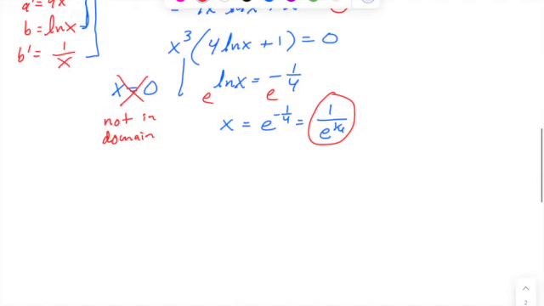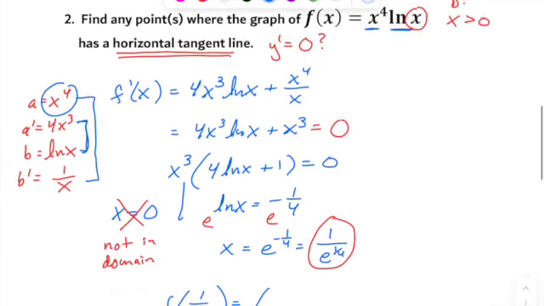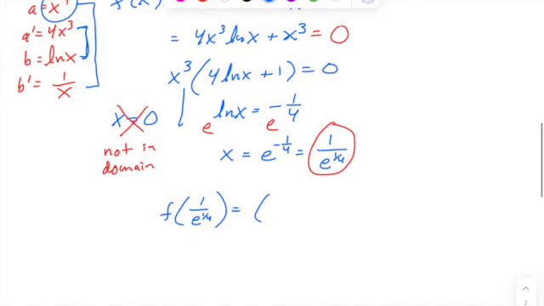Logs have domain issues. And so now we're going to plug this 1 over e to the 1/4 back into the original. That means the function is x to the fourth ln of x. So you get 1 over e to the 1/4, or if you want to think of that as 1 over the fourth root of e, that's going to make this part look nicer for you, times ln of 1 over e to the 1/4.